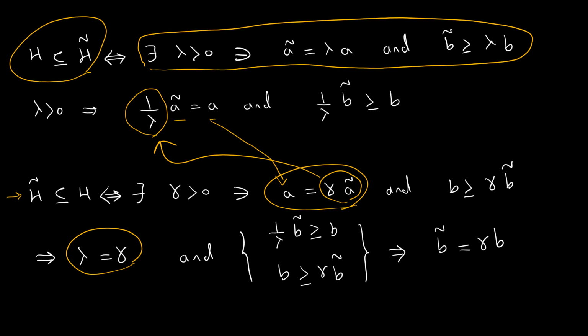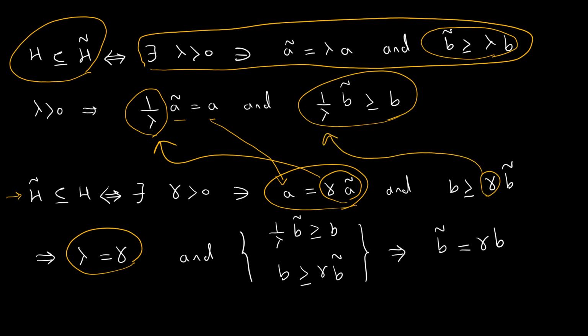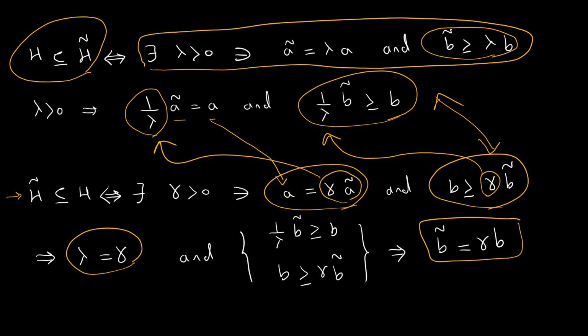And also, if I change that inequality to this one, I can compare this, and because now I know that gamma equals 1 over lambda, I can fix these two inequalities by saying that just b tilde has to be equal to that, and now we have all the conditions we wanted, and I'll simplify them in the next slide.